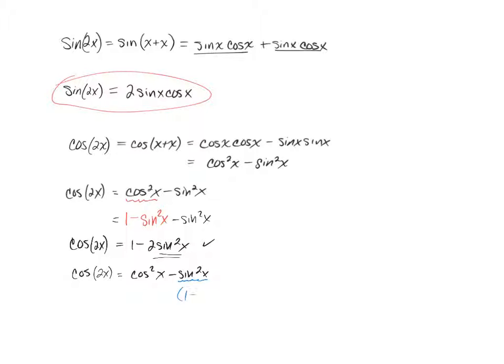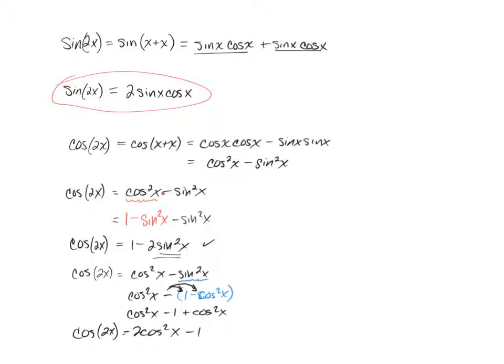So I'm going to put 1 minus cosine squared in there for that sine, and realize now that we have cosine squared minus the quantity 1 minus cosine squared. Distributing that negative to the 1 and to the negative cosine squared is going to give us cosine squared minus 1 plus cosine squared, which is 2 cosine squareds minus 1. So there's our third flavor, if you will, of cosine of 2x.